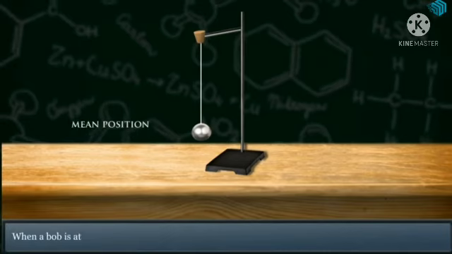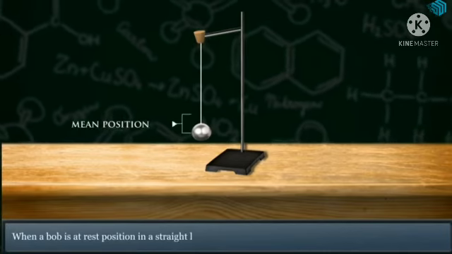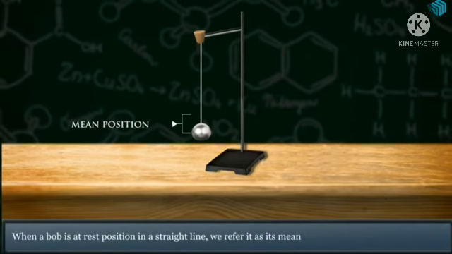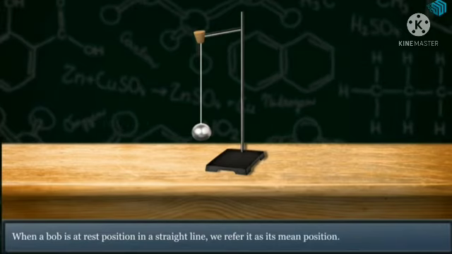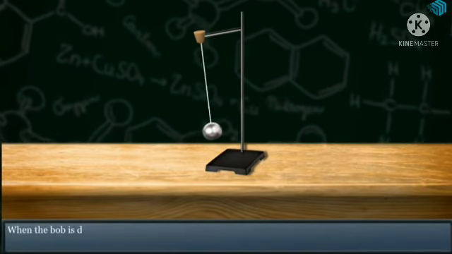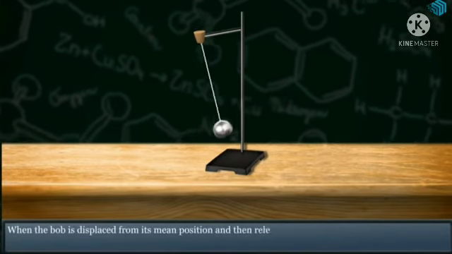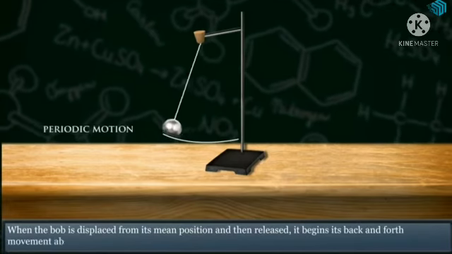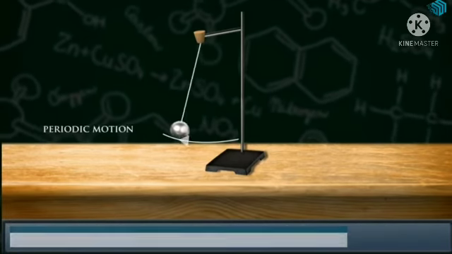When the bob is at rest position in a straight line, it is in its mean position. When the bob is displaced from its mean position and then released, it makes to and fro movement about its mean position.